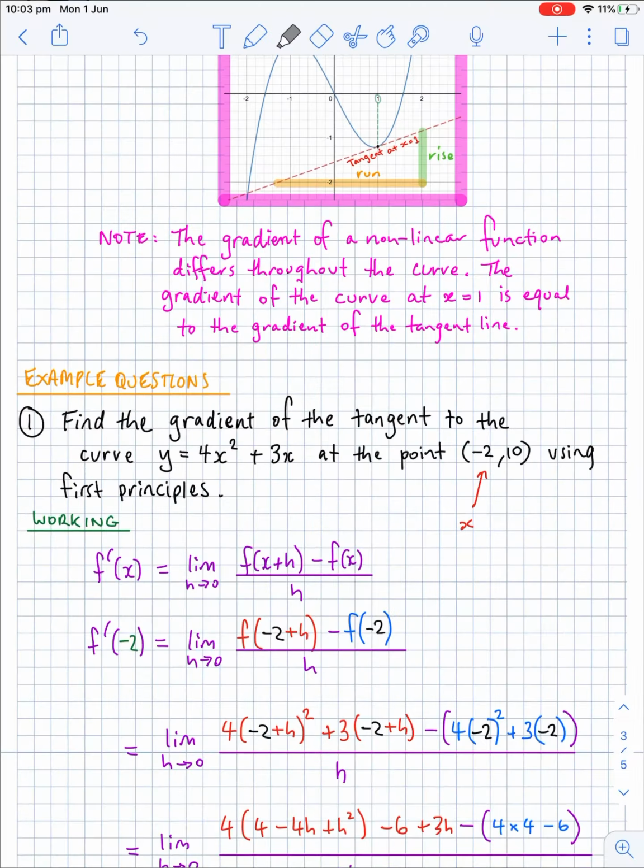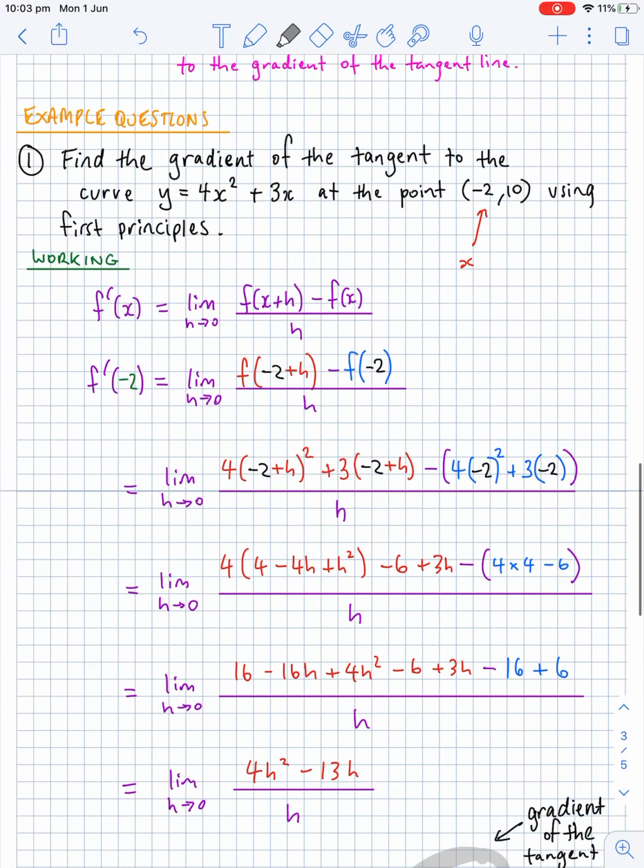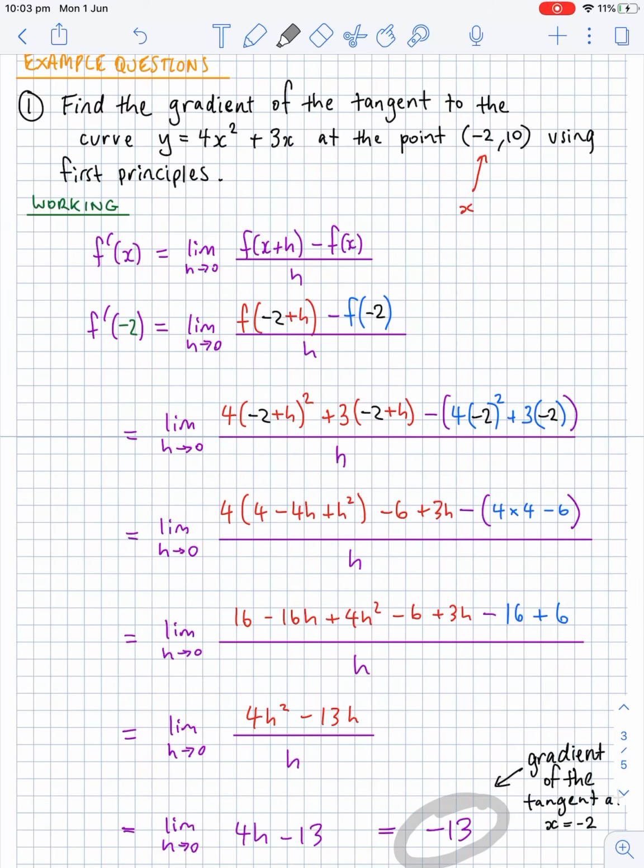Okay, continuing on. Let's do some example questions. Find the gradient of the tangent to the curve y equals 4x squared plus 3x at the point (-2, 10) using first principles. The idea is I give you a function, you need to tell me the gradient at this point on the function.